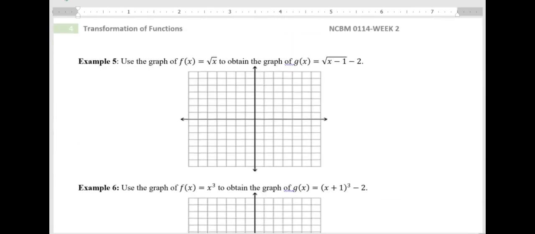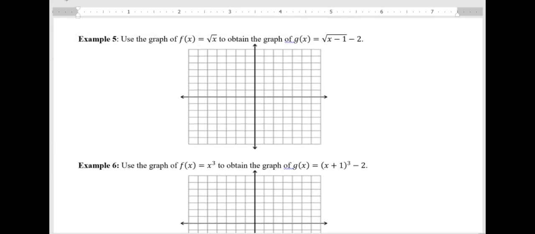Okay, let's try a couple more. Again, my parent function is going to be something like this. So this is f of x. And then we have g of x is the square root of x minus 1, minus 2.